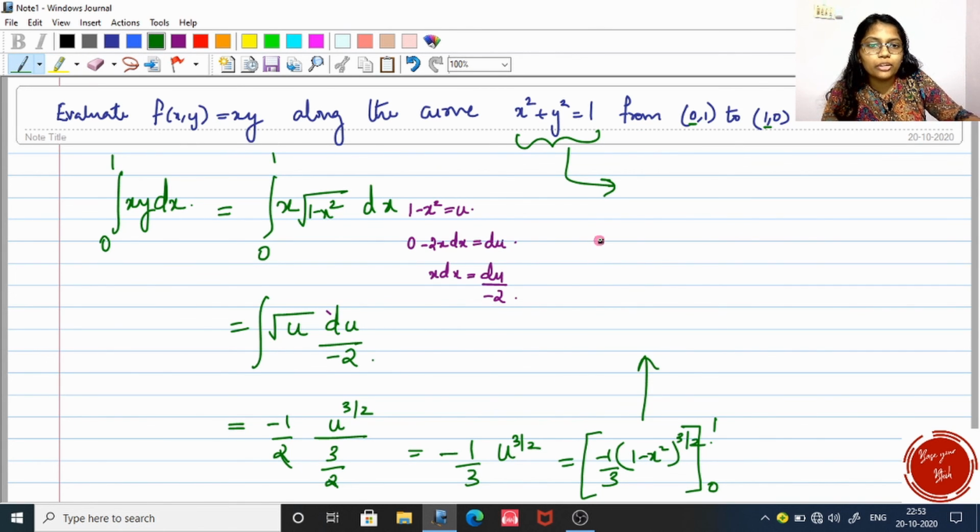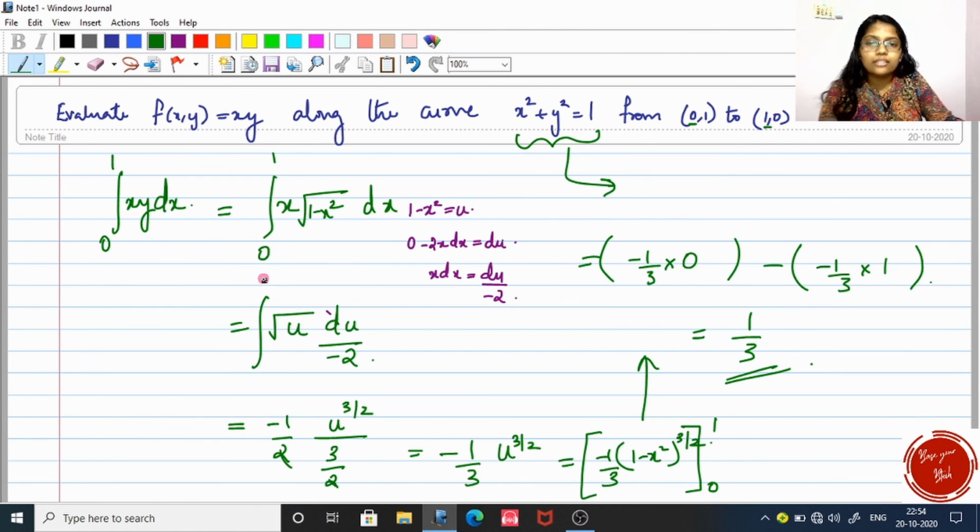Continuing by putting the upper limit minus lower limit, that is negative 1 by 3 into 0 minus negative 1 by 3 into 1. So the answer is 1 by 3.